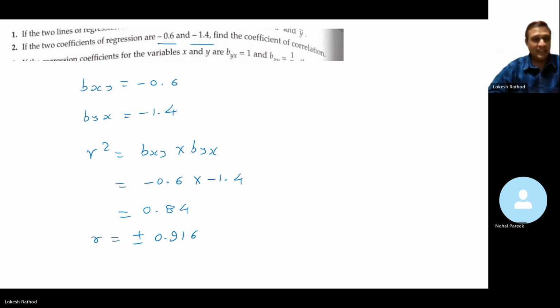Negative, because the two coefficients of regression are negative. Yes, because bxy, byx, and r are having the same sign. So we take negative. So that's the reason. We have seen this property. All the properties are important, right? So that helps us.